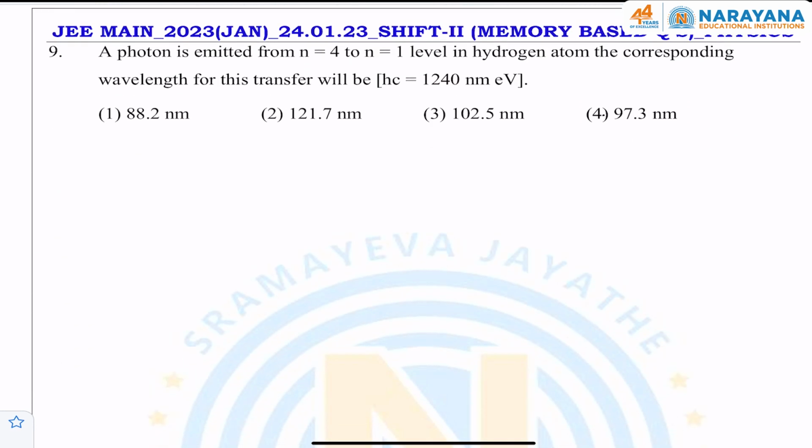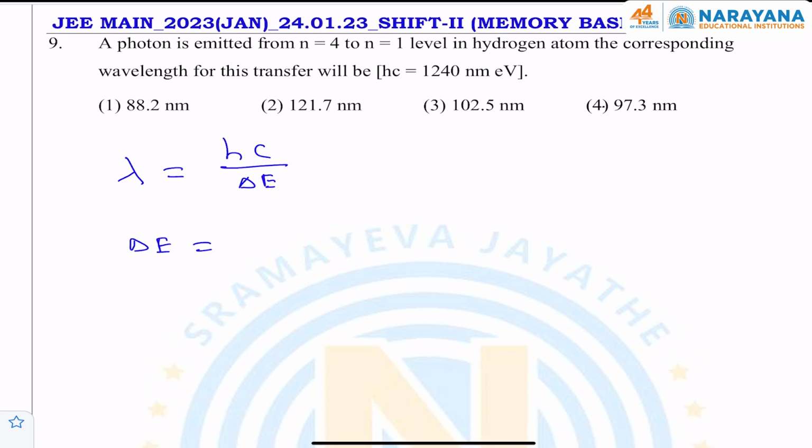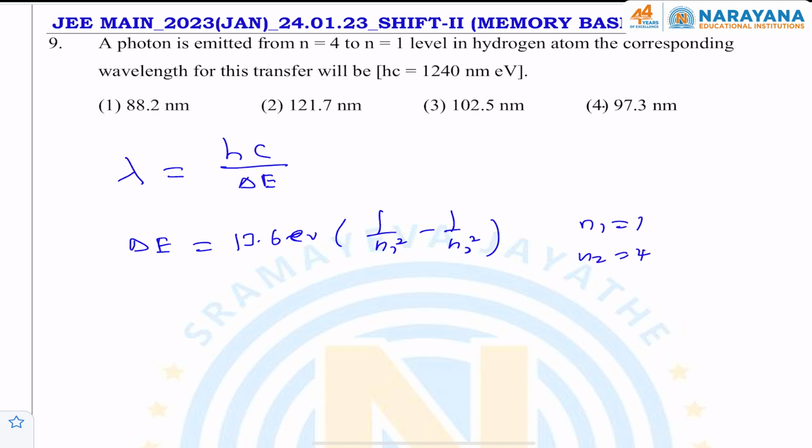Next, question number 9. A photon is emitted from n equal to 4 to 1 level in hydrogen atom. The corresponding wavelength for this transfer will be, the value of hc is given. We know that wavelength of emitted photon from hydrogen atom can be written as hc by delta E, where delta E is energy difference between two states in which electron is jumping. So it can be written as 13.6 electron volt into 1 by n1 square minus 1 by n2 square. Here n1 equal to 1, n2 equal to 4.